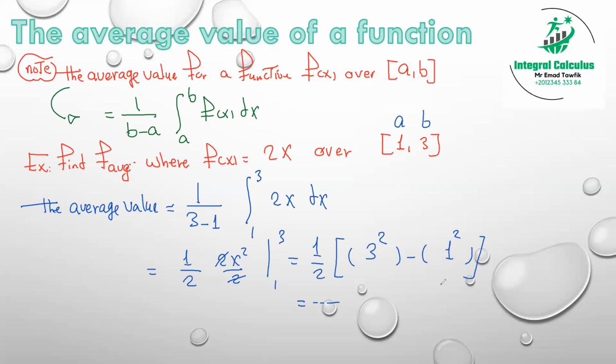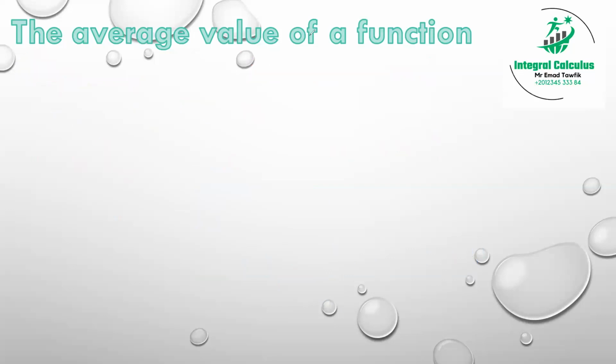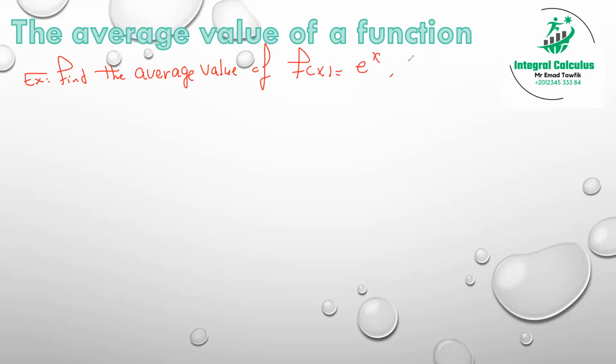So here in this question, if I ask you for another one: find the average value of the function f of x equal to e to the power of x over the interval from 0 to 2.